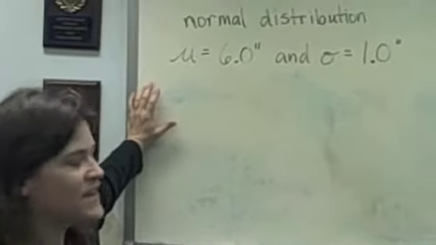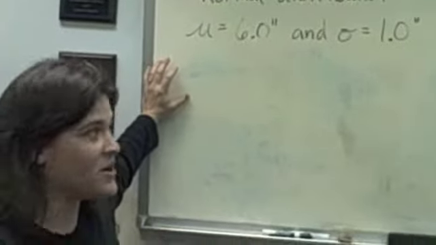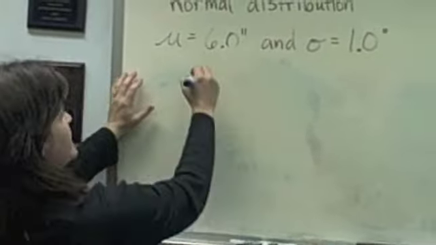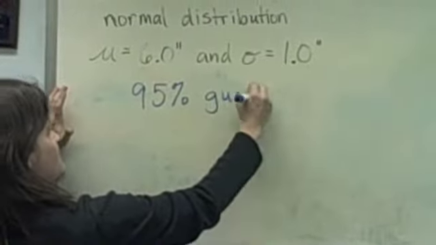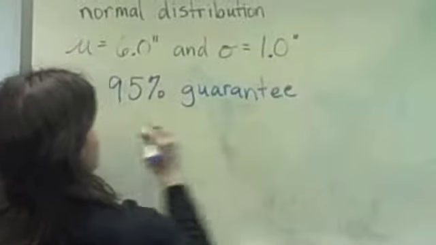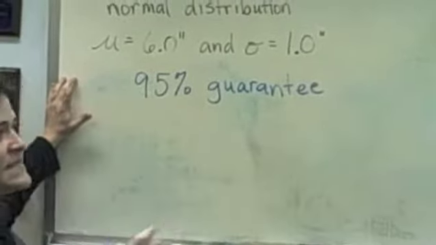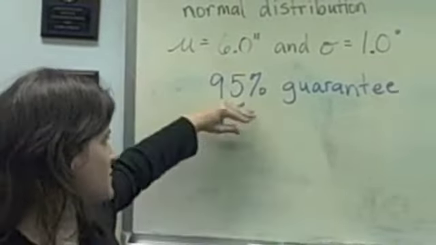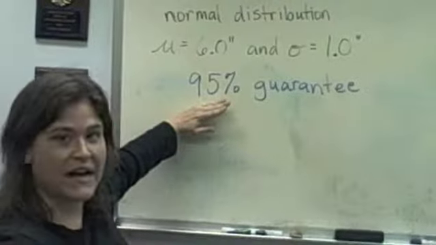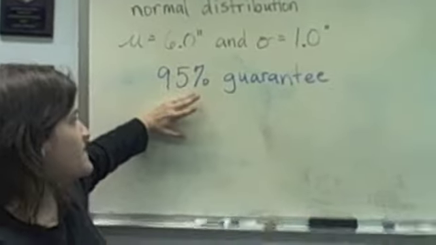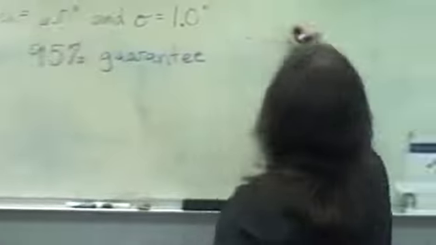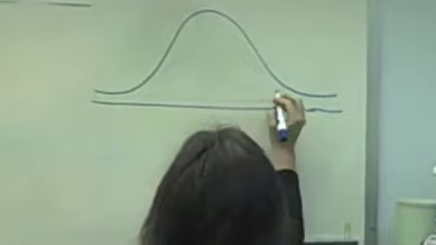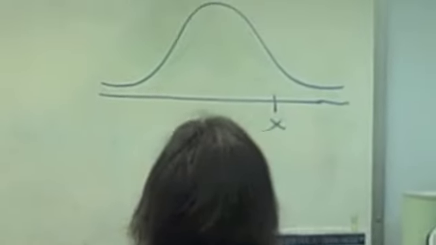So what if a motorcycle helmet company wanted a 95% guarantee that its helmets would fit a man's head? In this case, we're now being told our probability. We want to have a 95% chance that that helmet size is going to fit over a man's head, and so that's going to mean that our guarantee is going to be out here.